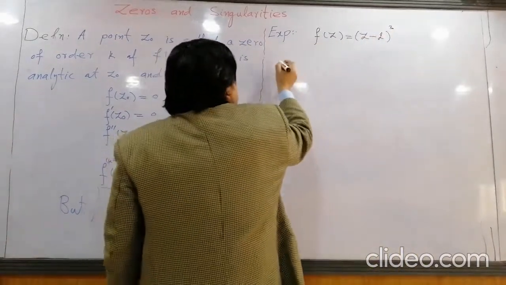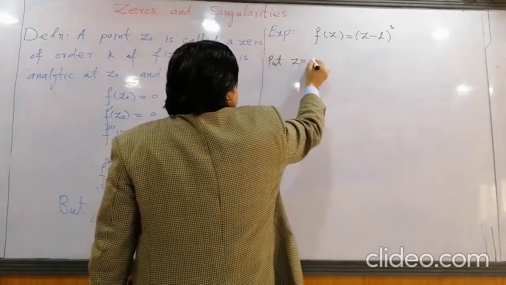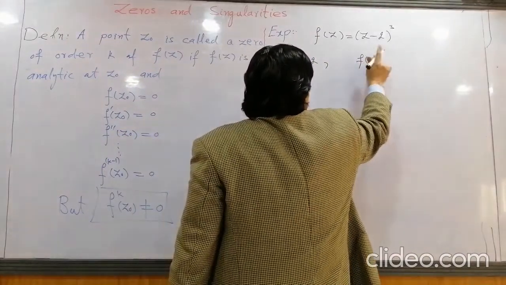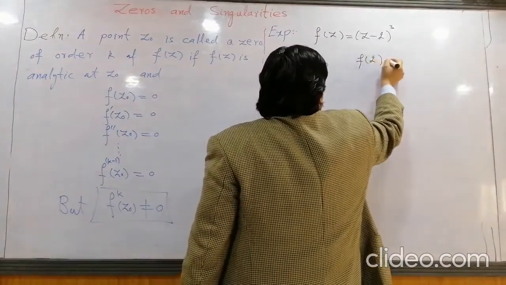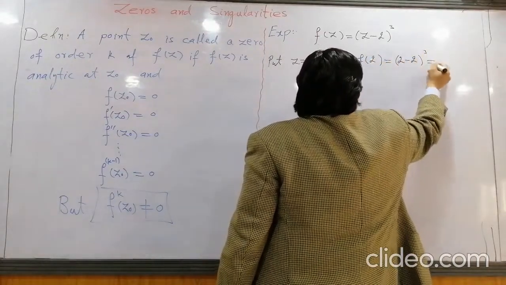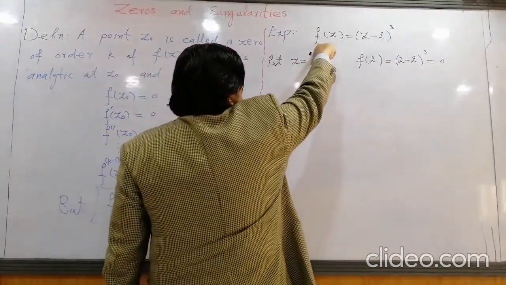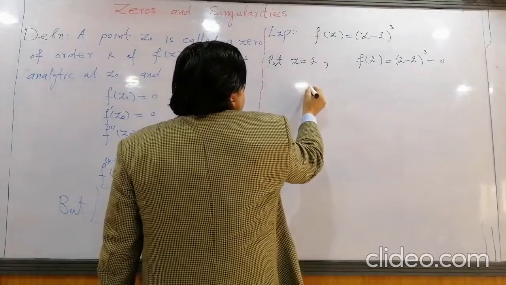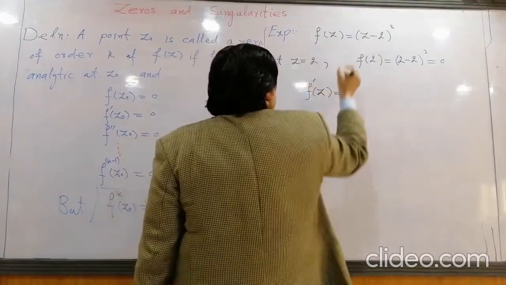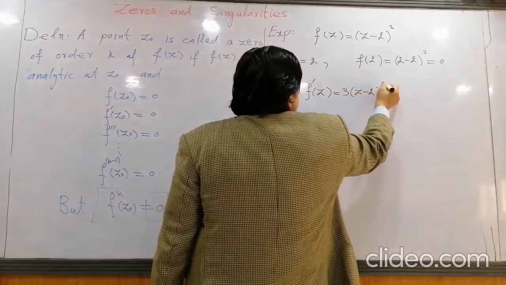And now we can see that if I put z is equal to 2 in this function, I will get that f of 2 is equal to 2 minus 2 cube, and the answer must be 0. Now I have to differentiate this function. So if I differentiate, I will get f dash of z is equal to 3 into z minus 2 whole square.